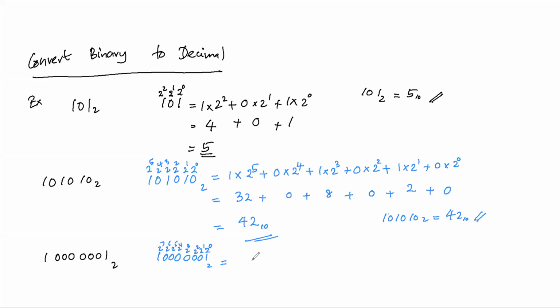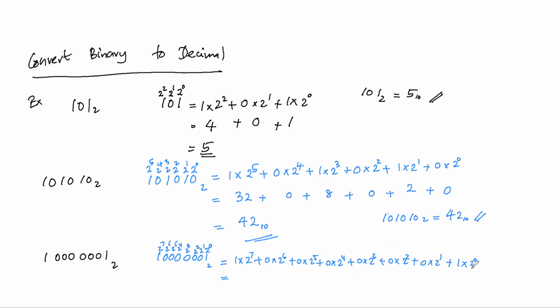Which means we have to multiply 1 by 2 to the power 7 plus 2 to the power 6 plus 2 to the power 5 plus 2 to the power 4 plus 2 to the power 3 plus 2 to the power 2 plus 2 to the power 1 plus 1 into 2 to the power 0.